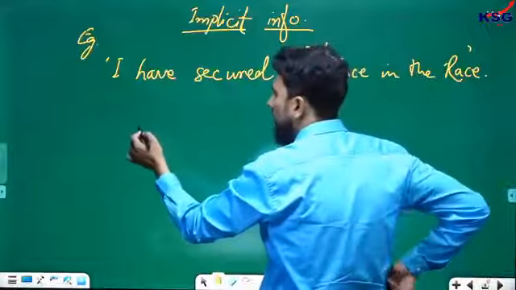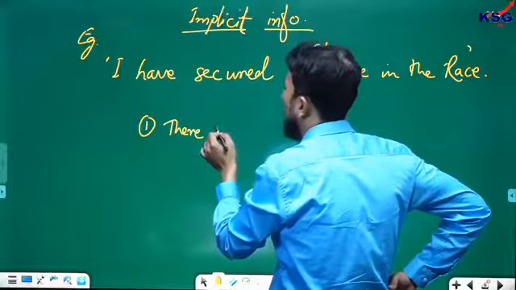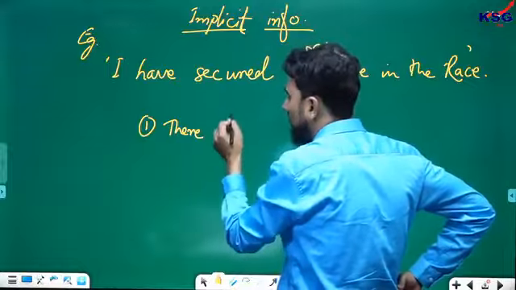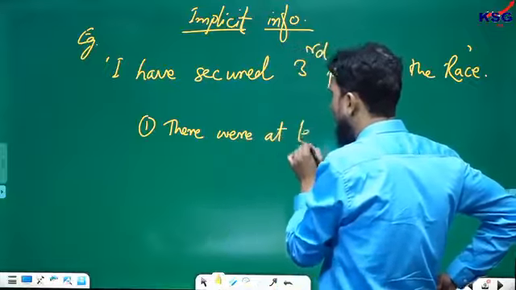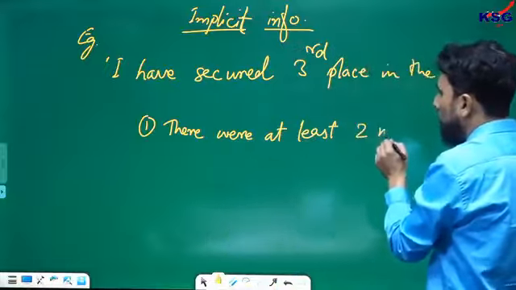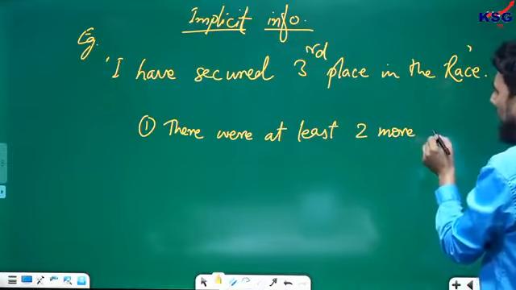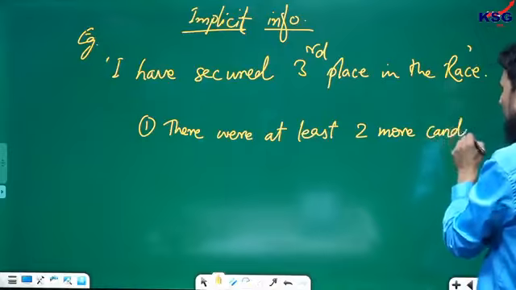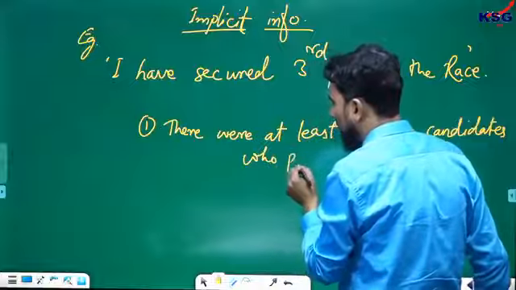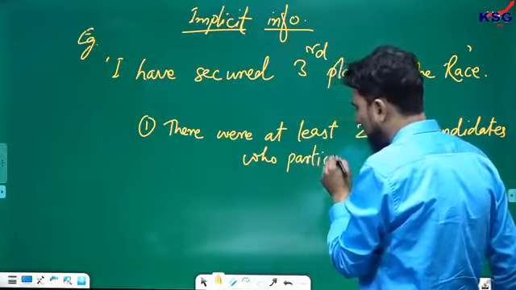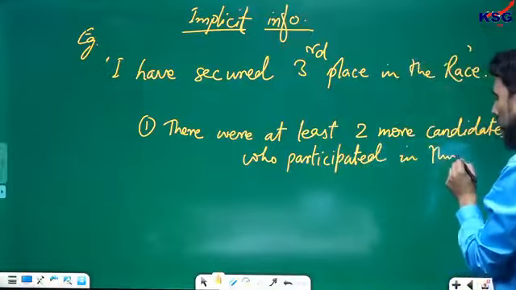For example, one implicit information I take out here is that we can make out for this race, there were at least two more candidates who participated in this race.